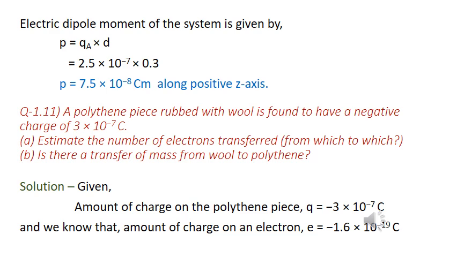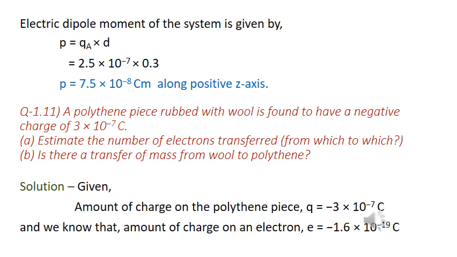In part A, it is asking how many electrons have been transferred, and from which to which, meaning from polythene to wool or from wool to polythene. We have to get the answer. And in the second part, it is asking whether there is transfer of mass.